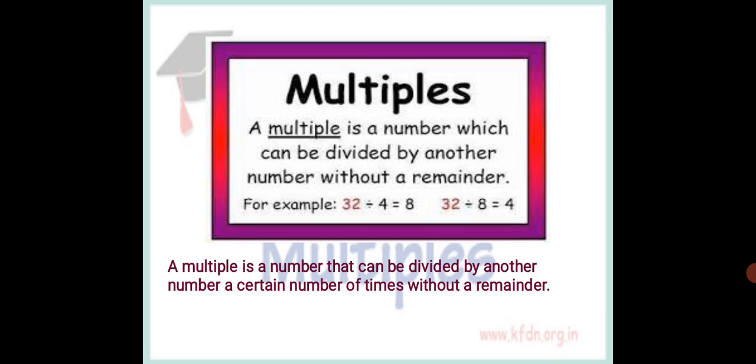So, in this example, 32 divided by 4 results in 8, and 32 divided by 8 results in 4. Here no remainder exists, and we can say 32 is a multiple of 4 and 8.